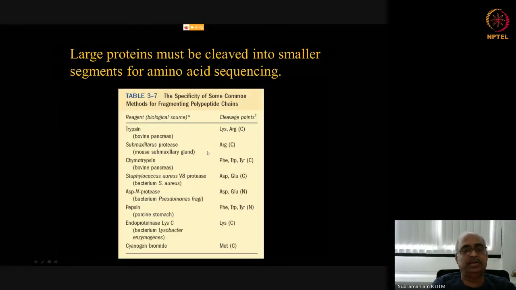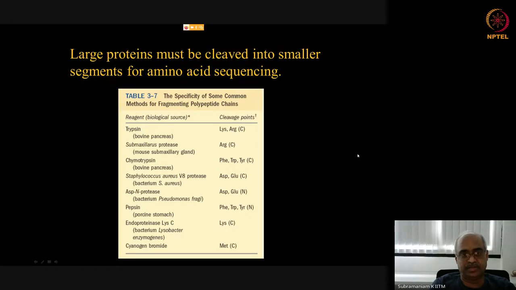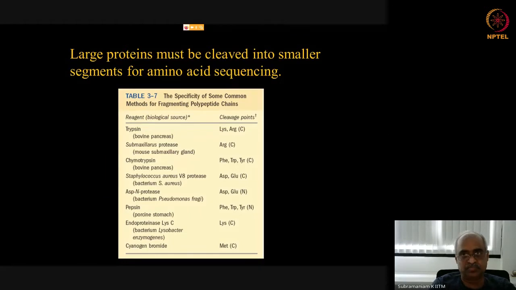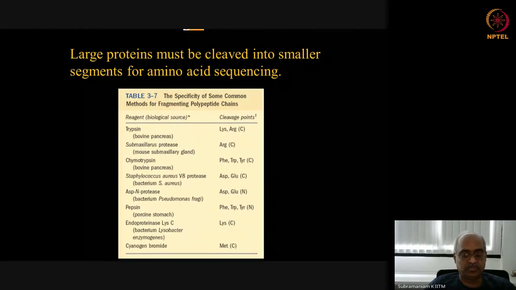And one other really important point is that the average protein is roughly about 300 amino acids. So you're not going to be able to take a 300 amino acid polypeptide and keep cleaving one amino acid at a time from the N terminus up to the 300th amino acid, because each step in this reaction is not going to go to completion.